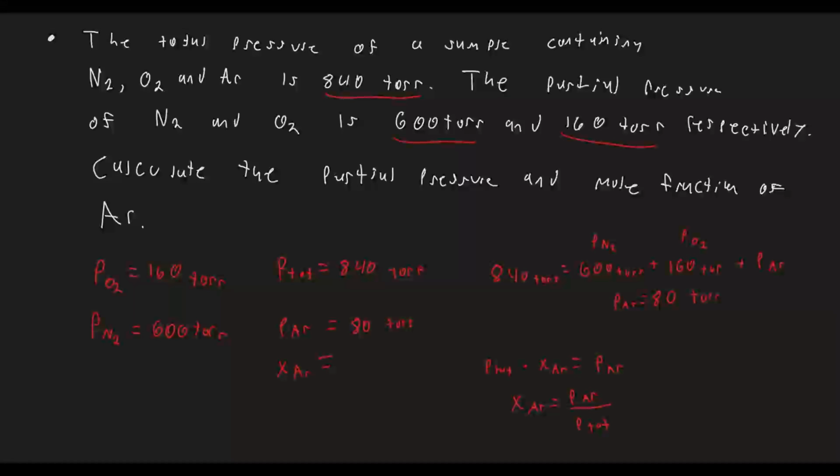And so we just need to plug our values in, which is 80 divided by 840, and that gives us 0.0952. And because we only have one significant figure here, it should round out to 0.1.